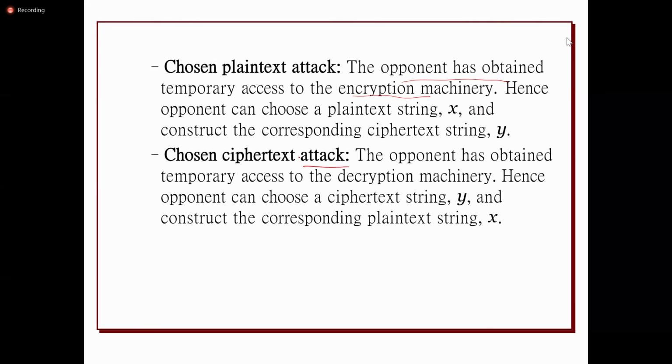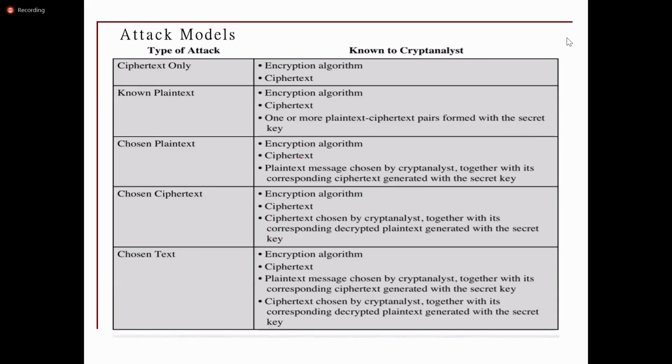In this, the attacker will consider the previous ciphertext transmitted between the sender and receiver, take that and compare. The opponent will compare and try to get the key, so that the plain text can be retrieved. So these are the different types of attacks.